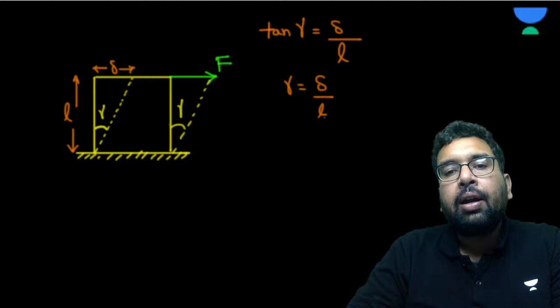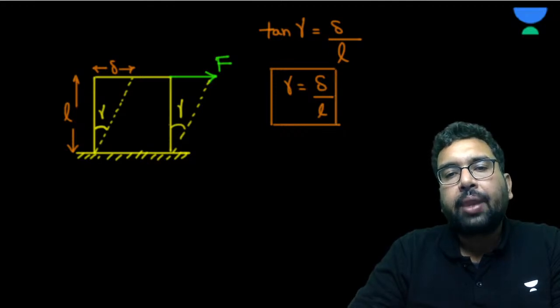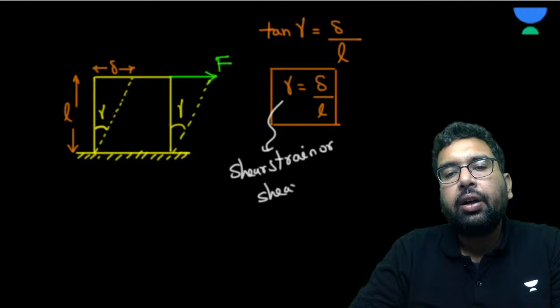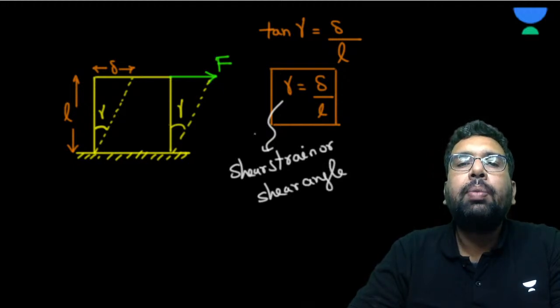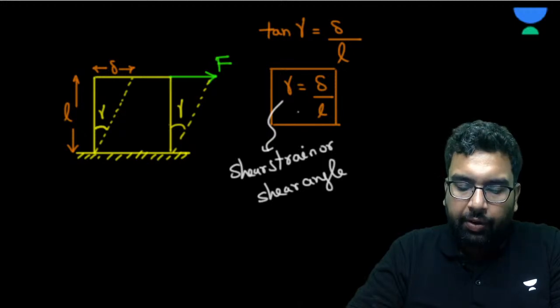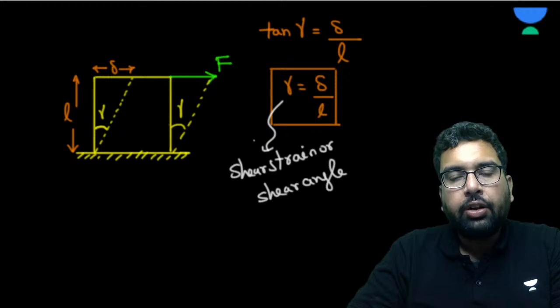So this becomes delta by L, which is what you know as your shear strain. Sometimes it is also known as the shear angle. So delta by L will become your shear strain.